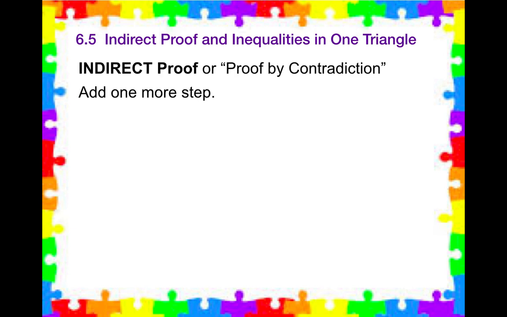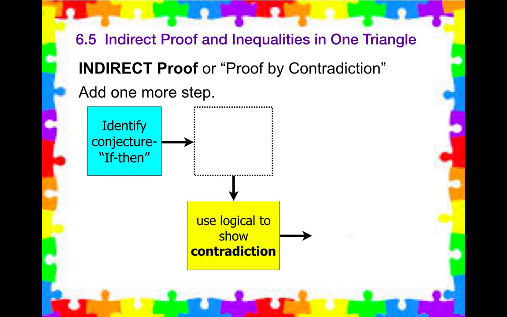It's called the indirect proof, or proof by contradiction. And this adds one more step. So we identify the conjecture, use logical arguments to come up with some kind of conclusion, and then you can conclude the conjecture is true.